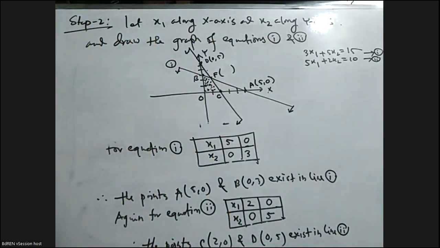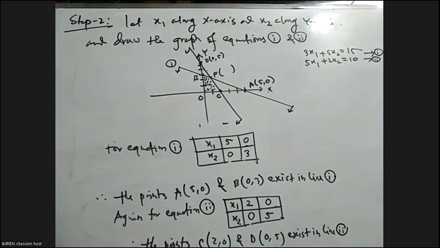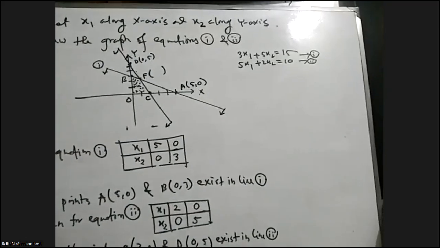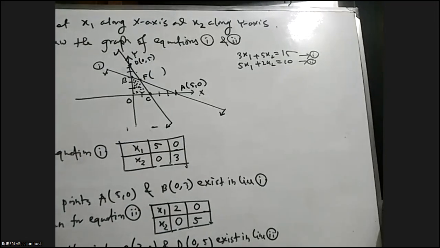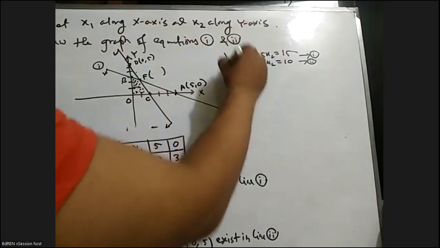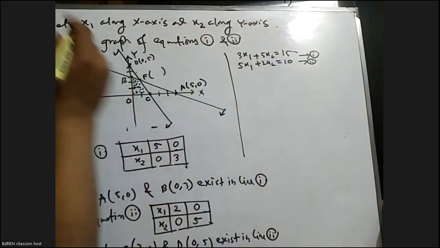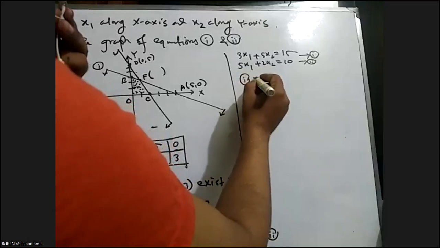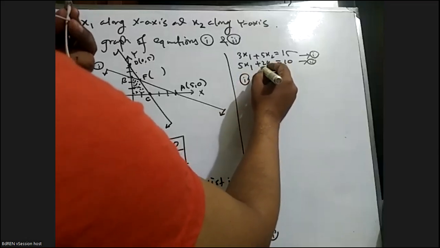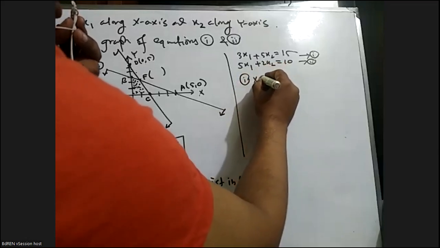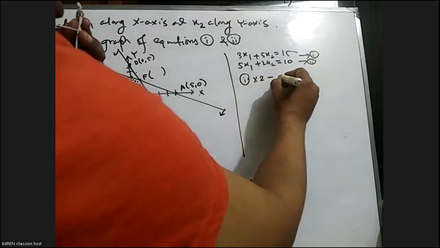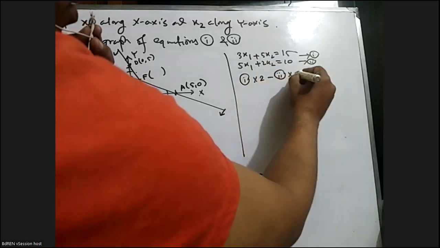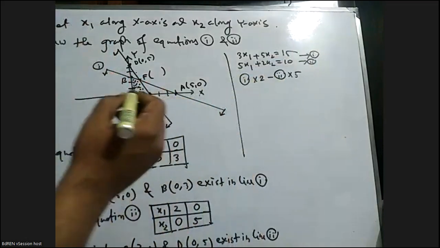Okay. So after solving these two equation lines, we get the intersection point. How can we solve? Multiply equation 1 by 2 and equation 2 by 5.